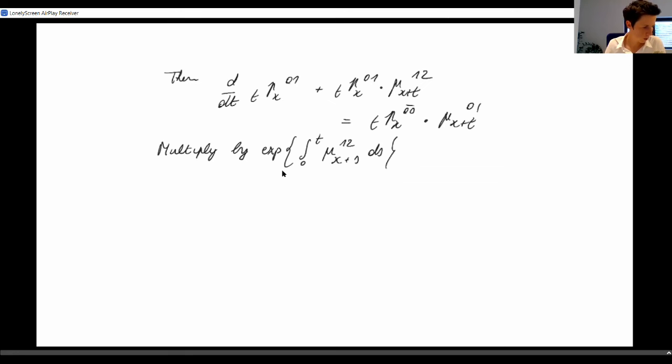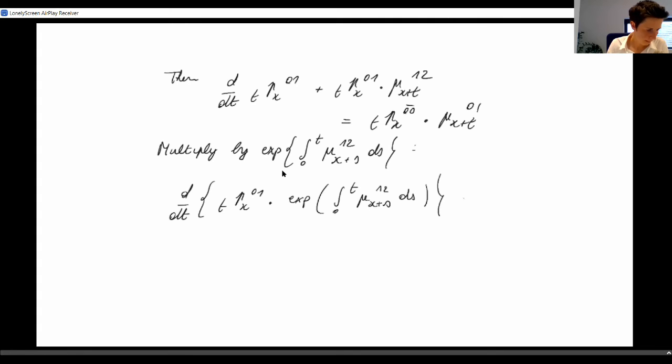If you do this, then you can put the whole thing together by saying it's the derivative with respect to t of tpx01 multiplied with this exponential, and that's going to be equal to tpx00 bar mu x plus t 01 multiplied with this exponential.